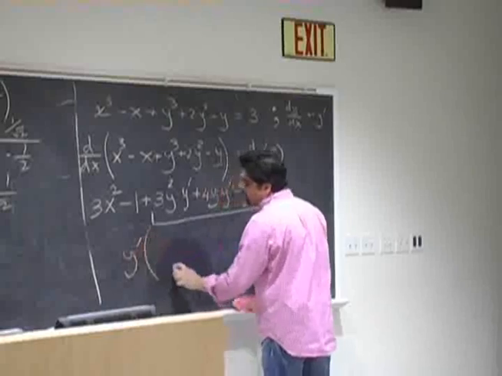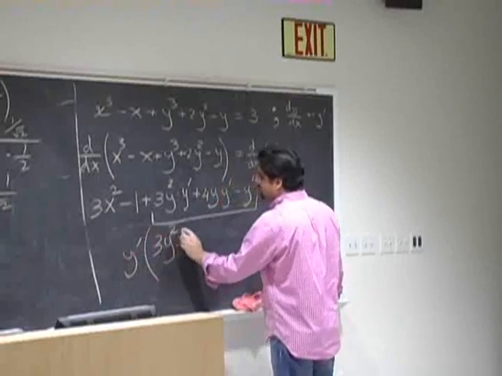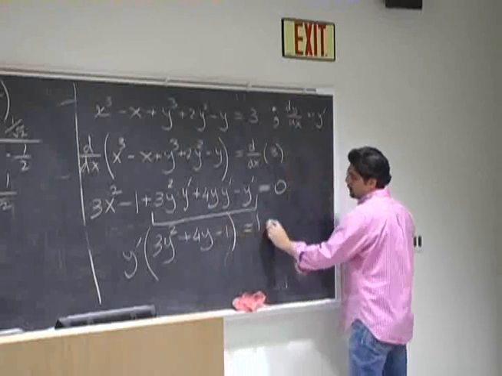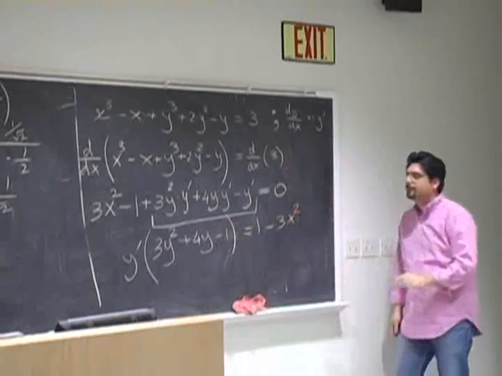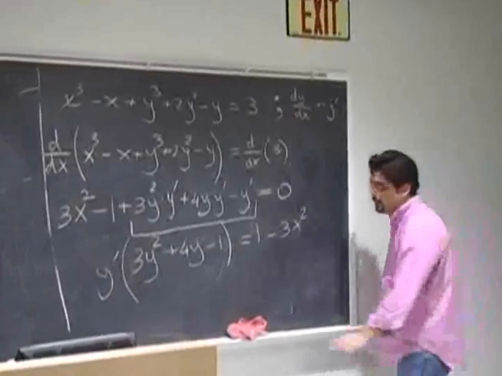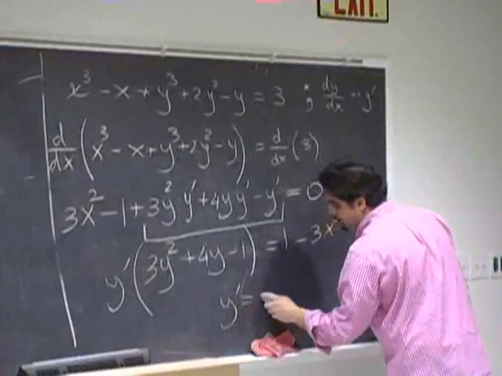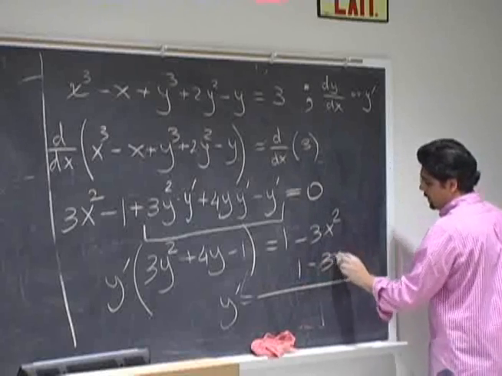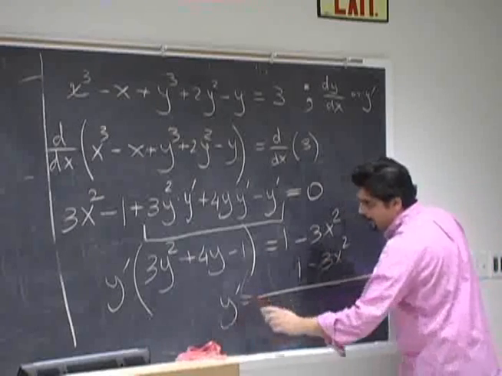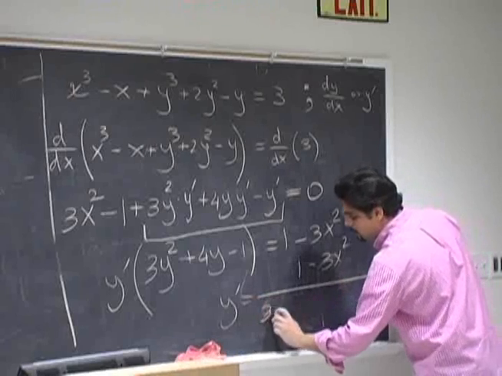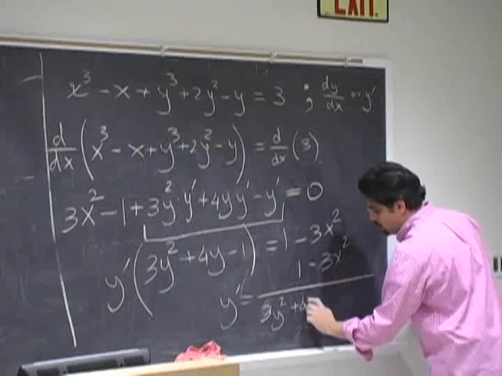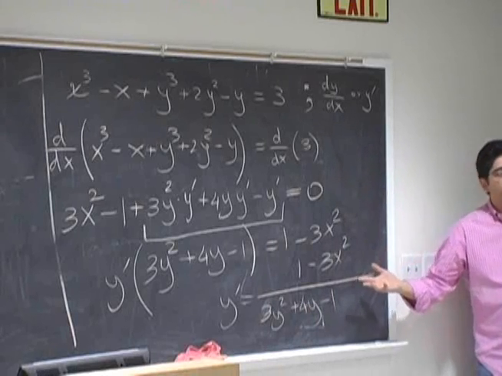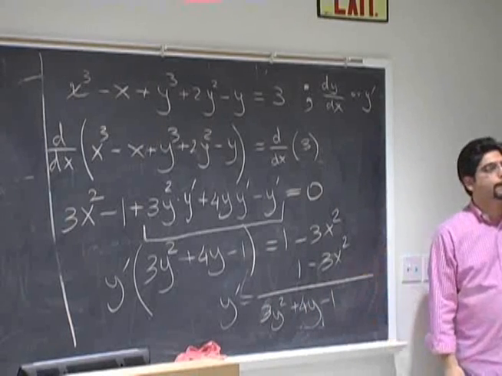I can write this as y prime times the quantity 3y squared plus 4y minus 1 equals 1 minus 3x squared. And then y prime would be 1 minus 3x squared over that. So we have the slope at every point (x, y).